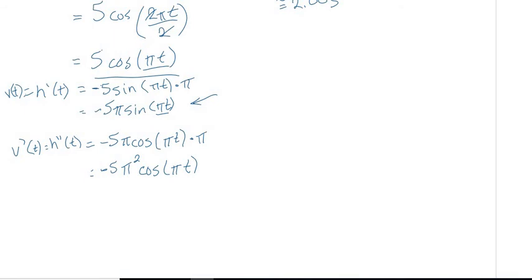So now that we have that, we can set that derivative of our velocity, of our speed function, equal to 0, and we can try and solve. So let's divide out the negative 5 pi squared from both sides. On this side, 0 divided by anything is still 0. And it cancels on this side, and we're left with cosine of pi t equals 0.